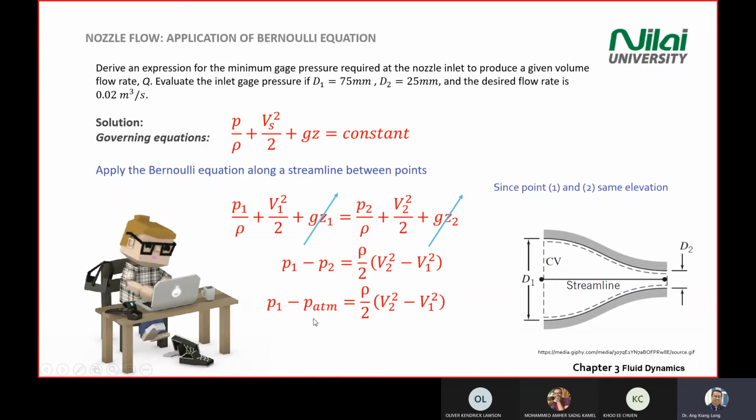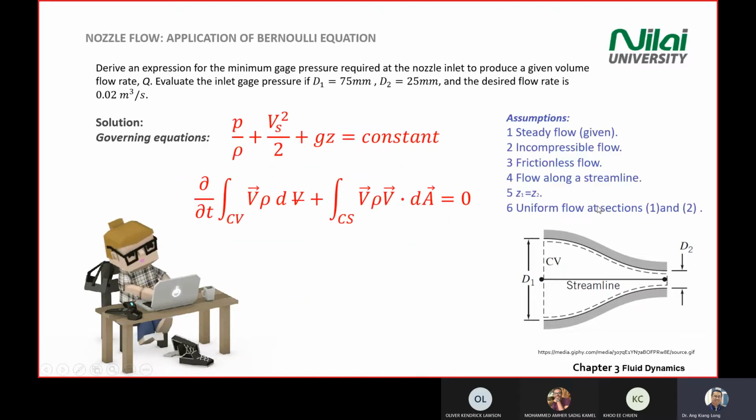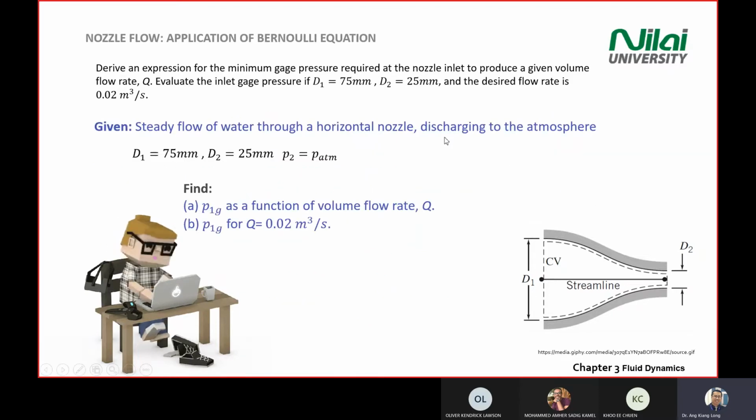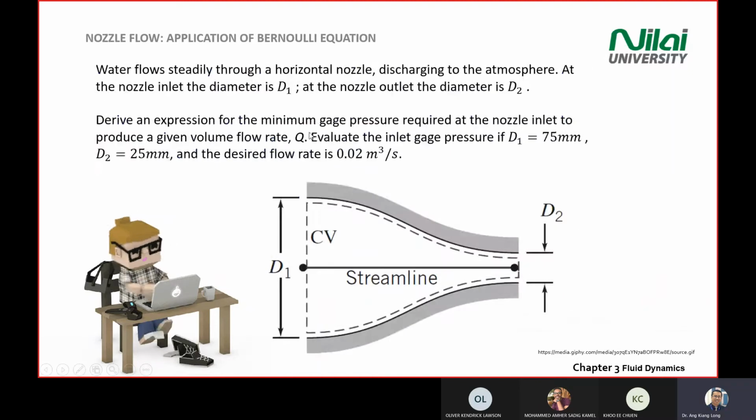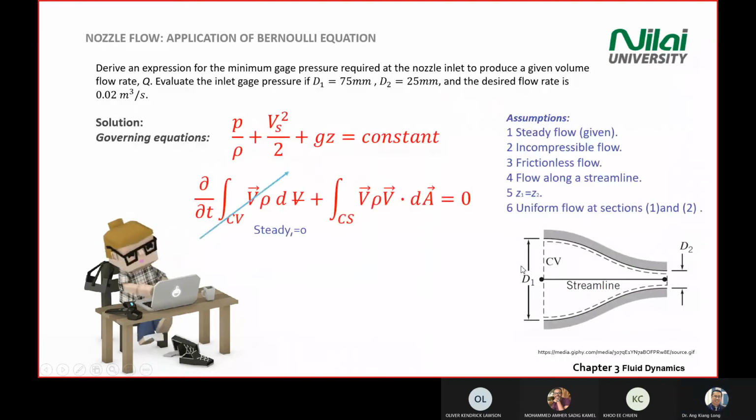The hint why we know that P2 is P atmosphere is that the statement says the first line here, the horizontal nozzle discharging to atmosphere. It means that the pressure you use over here is atmospheric. Okay.